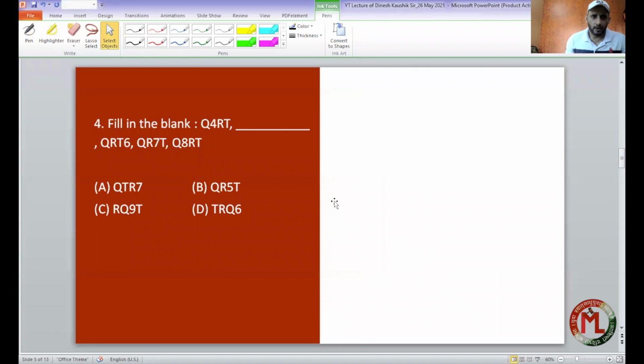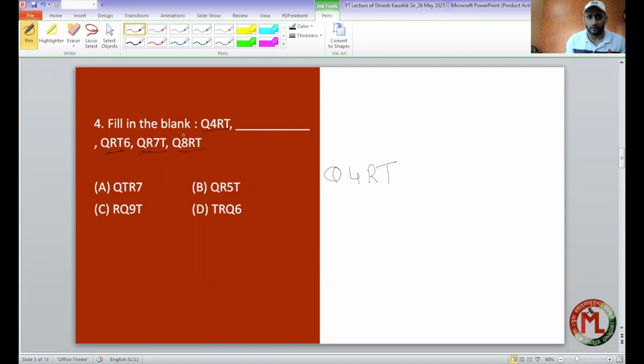Fine. Now, see, this is a very interesting question. So I'm writing here Q4RT. If you look in the question, in all these terms, the sequence of QRT is the same.